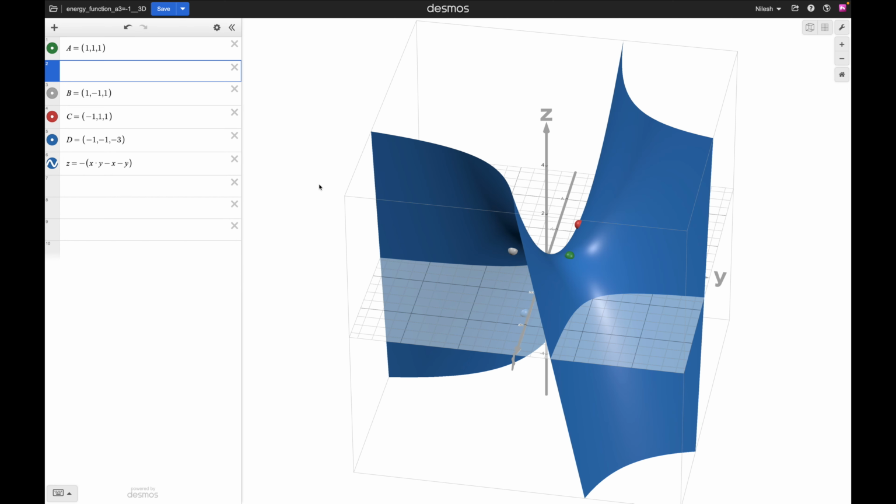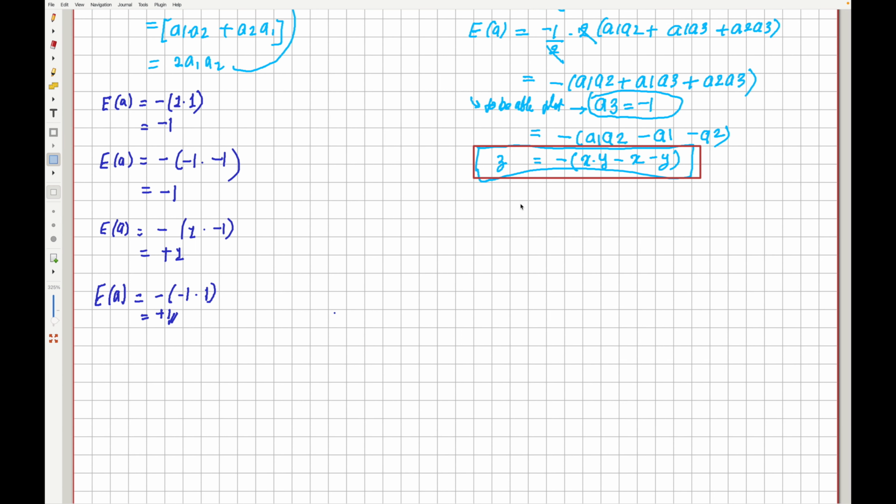Let's calculate the value of energy with A1 as 1, A2 as 1, and for that we can plug those values right in this equation, where we can say energy E of A is equal to minus, and this is 1 times 1 minus 1 minus 1, so what we get is -1 minus 2, and so that is minus of -1.